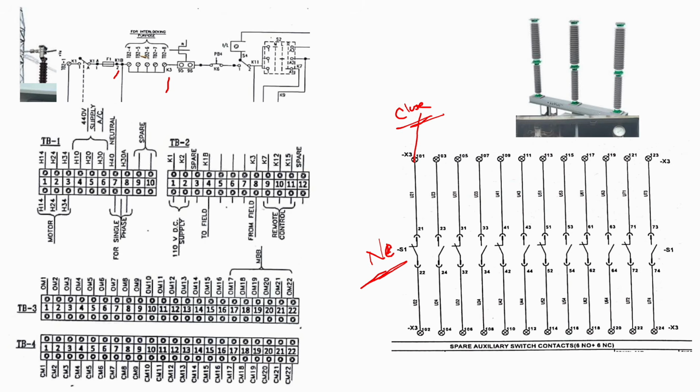So if we break this circuit, then our isolator is not able to close remotely, right? So what we'll have to do, we need to connect this circuit through the breaker auxiliary switch contact. So how can we use it? We have to use this path.